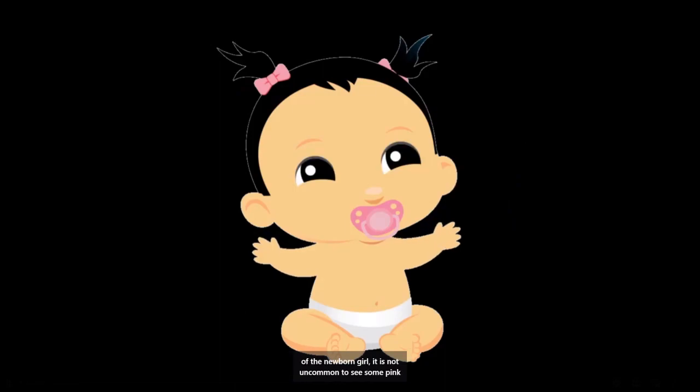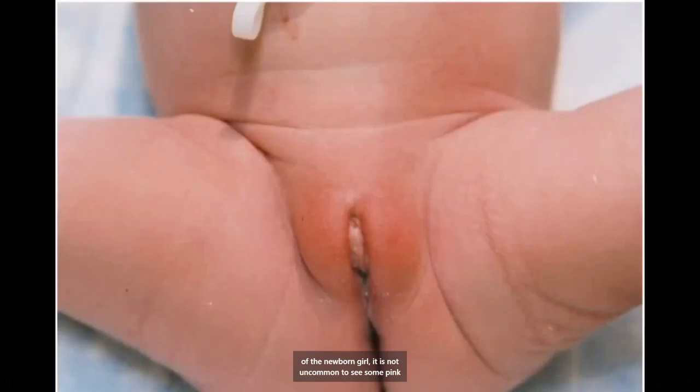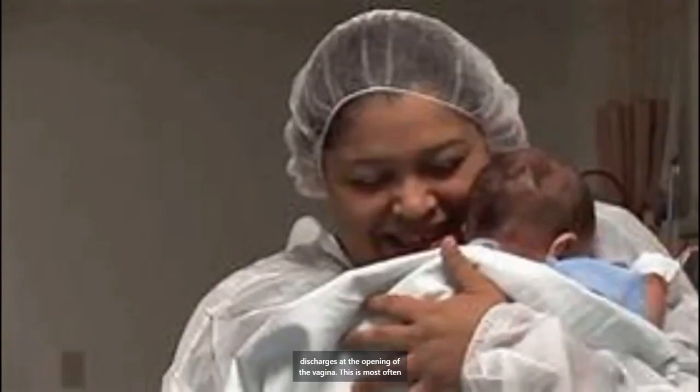On assessment of the newborn girl, it is not uncommon to see some pink discharge at the opening of the vagina. This is most often a result of maternal estrogen and resolves within 1 to 2 weeks after birth and cessation of exposure to maternal estrogen.